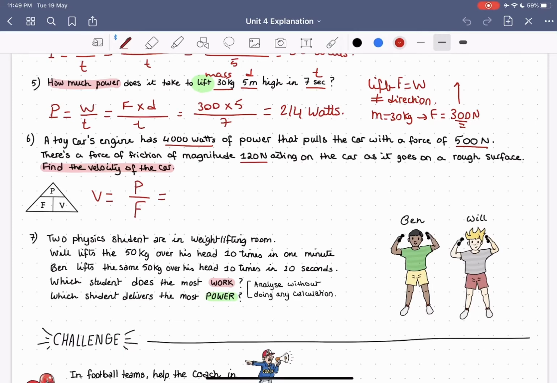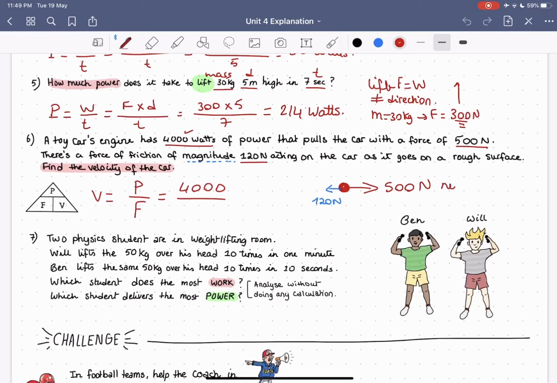Now we have the power, it's 4,000, but we have two forces. If this is the car, and the car is going with 500 Newton, but there's a friction force acting on it of magnitude 120, we know that it should act in the opposite direction since it's friction.